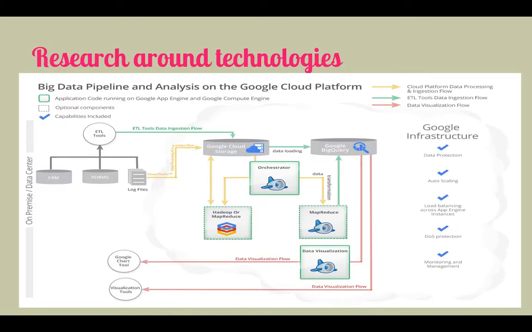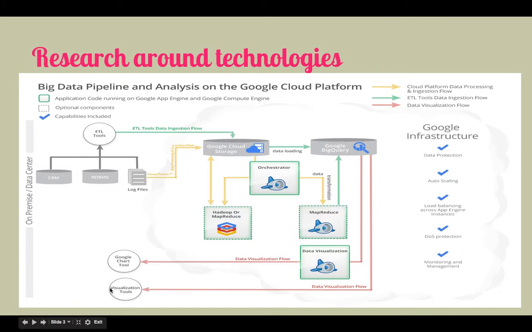The idea of this project was to research around NoSQL databases. This is a very complex diagram. Obviously, we have not used all of these technologies, but this will help to explain what we are trying to do. Here is Google BigQuery, and it has a lot of data stored in it. And here we have used the visualization tool.